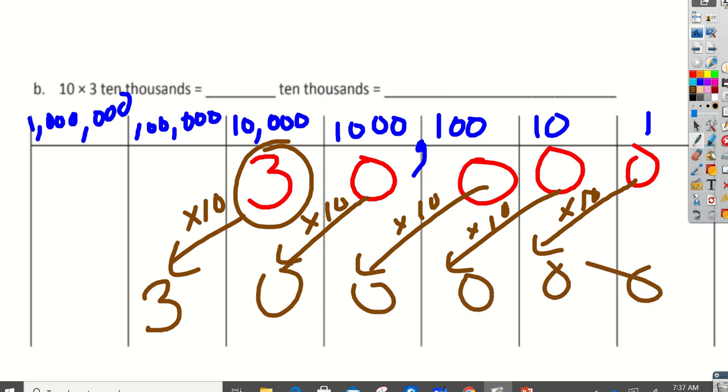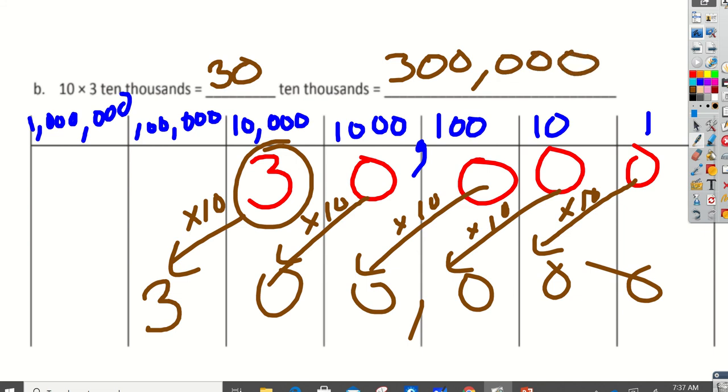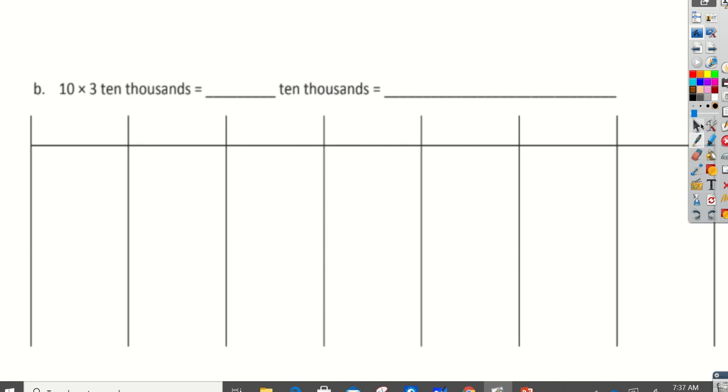So when we rewrite the number, we have 30,000, which actually equals 300,000. So that means that 30,000 times 10 would give us 300,000. And that's it for our review.